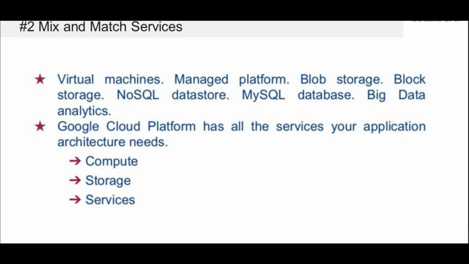For your architecture, for your website or an application, GCP offers you compute services, storage services, and then security services, database services. Likewise, the services are segregated based on their functionalities, right?